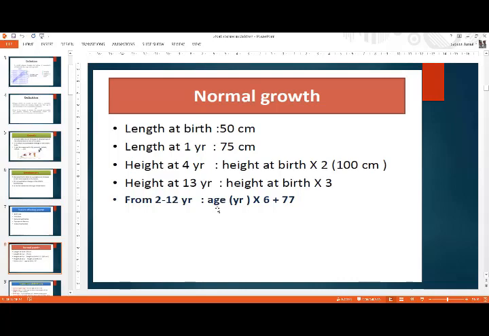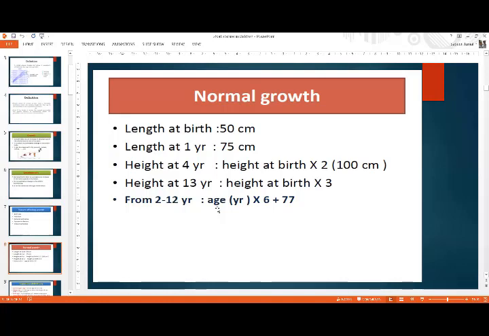It means that by 4 years of age, the height of the child doubles. For example, if a child was 50 centimeters long at birth, at 4 years of age the length will be double this, that is 100 centimeters, and it increases to 3 times the birth height at 13 years of age.